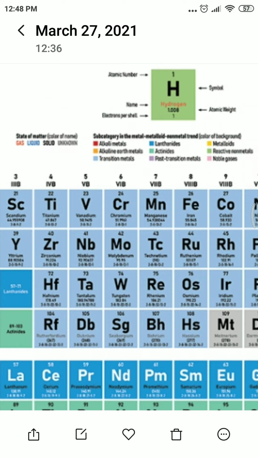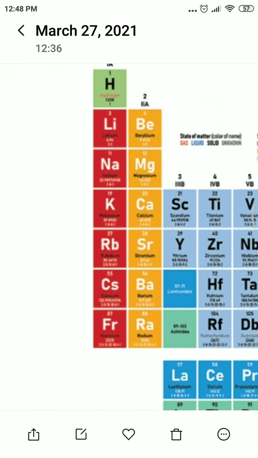If you look at the structure, you can see even by the color differentiation, if you know about physics, the subject of electronic configuration in physics and chemistry, we have orbitals called SPDF. The s orbital has two electrons.